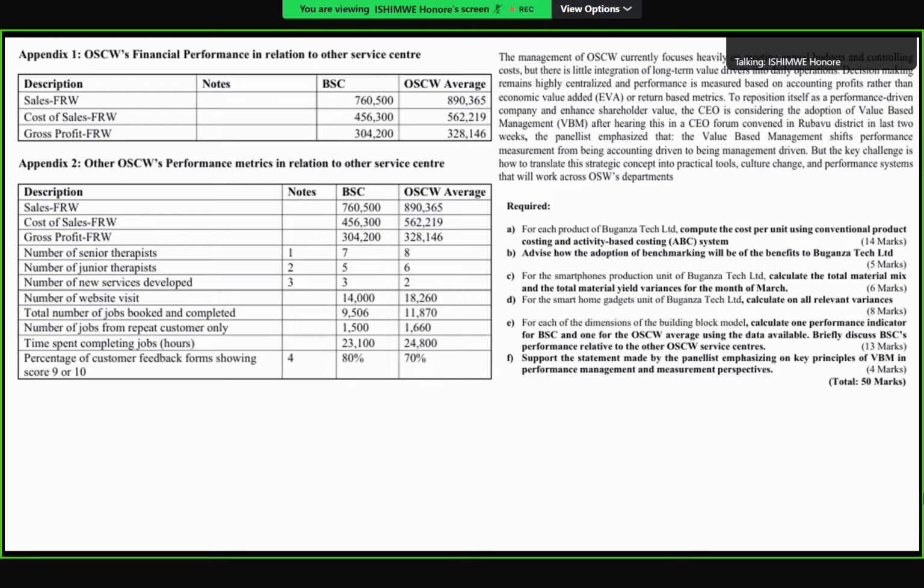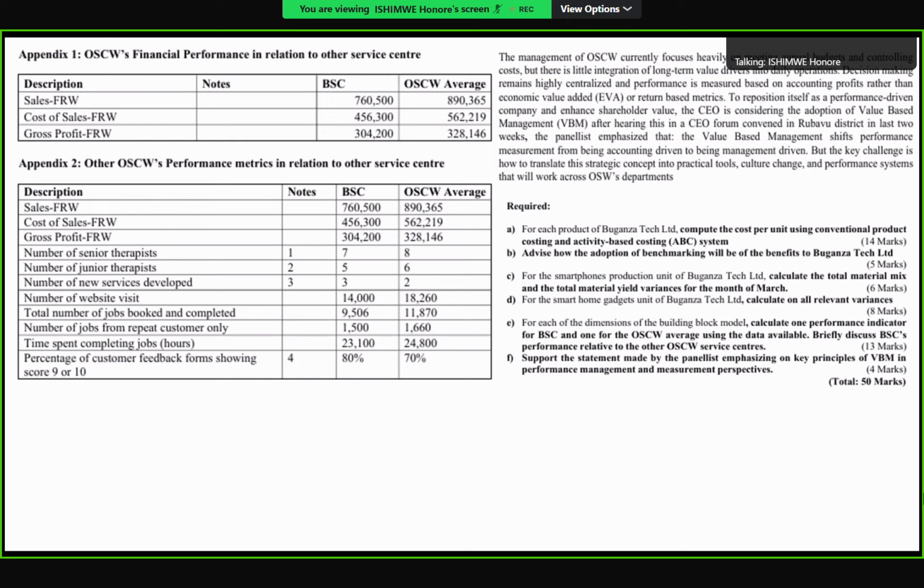So our concern now is this 14 marks. We're going to work on this 14 marks. Let me explain why I read the requirement first. When you are in the exam, to approach a question, you need first to read the requirement. They say for each product of Organza Tech.